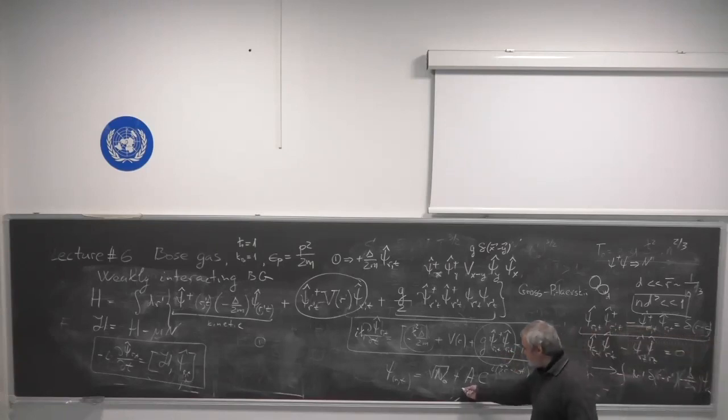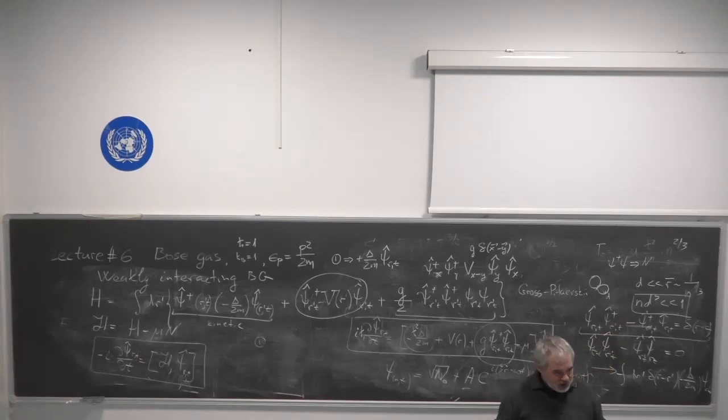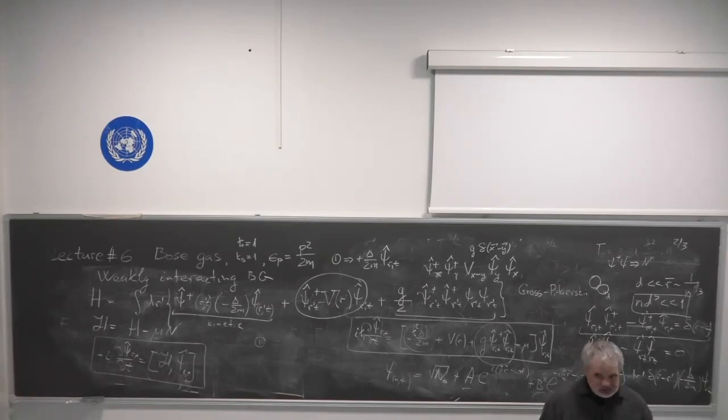Since you have coefficients a and b, you will get two linear algebraic equations for coefficients a and b. By requiring that these two linear equations have a solution, you take the determinant of your 2x2 system of linear equations, and you will get a connection between omega and k. And this connection actually solves the problem of the spectrum, namely what are the excitations in the weakly interacting Bose gas.